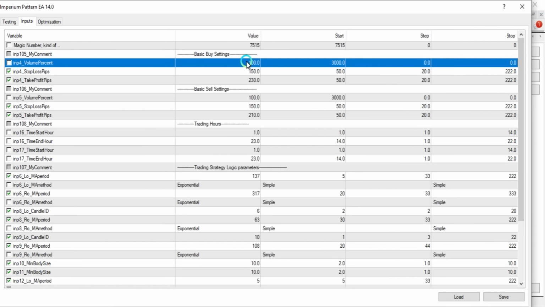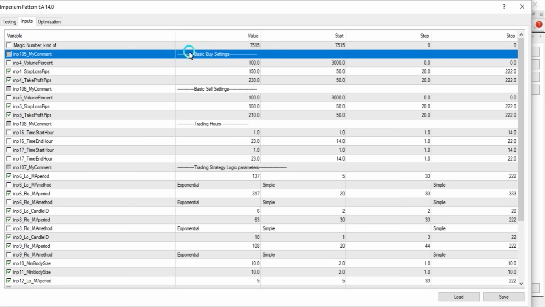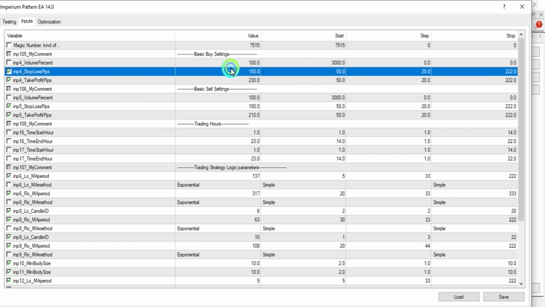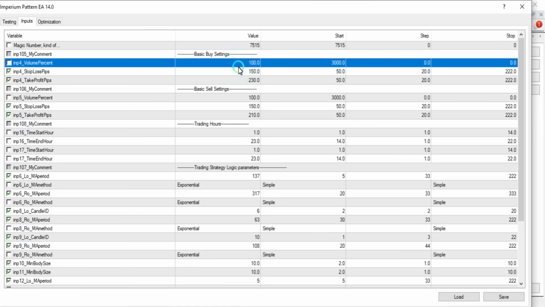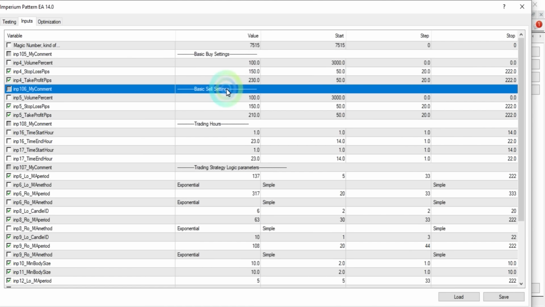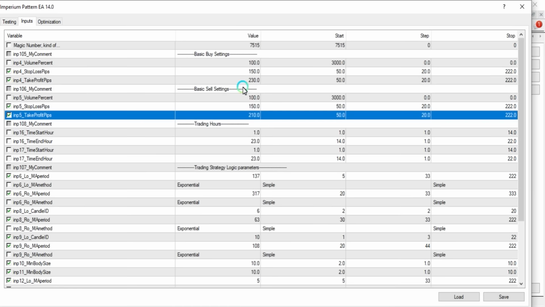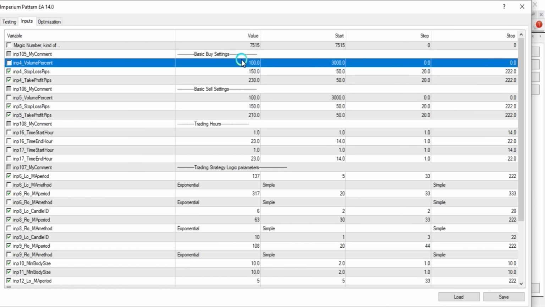Now it is the basic buy settings, and these three settings are only for the buy trades, and in the following the basic sell settings, and these are for the sell trades, because based on my experience it is much better to have separate, adjustable parameters for buy and sell trades in the long run, and it can work much more profitably because sell and buy trades have different characteristics.